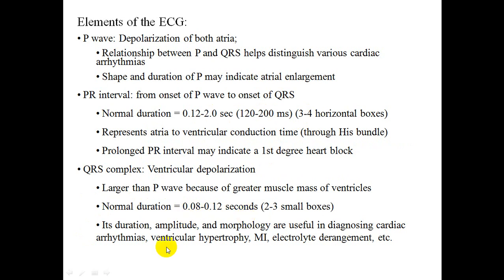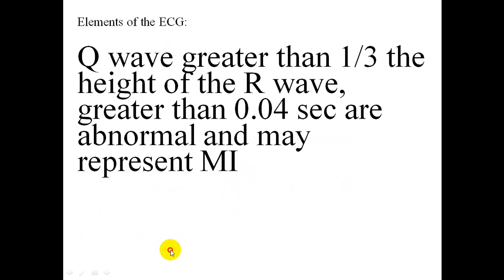Its duration, amplitude, and shape are useful in diagnosing cardiac arrhythmia, ventricular hypertrophy, MI, and electrolyte abnormalities. What is meant by a Q wave greater than 1/3 of the height of the R wave?